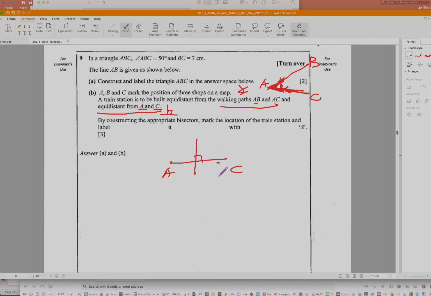Don't just stop in the middle of the figure. So next you need to do the angle bisector. Angle bisector is you draw a line like this, right? It's supposed to cut the angle into half, but you need to use the compass.